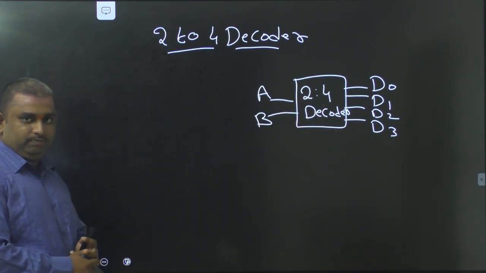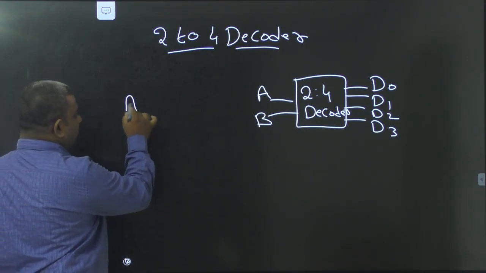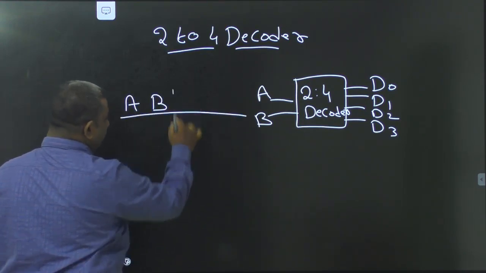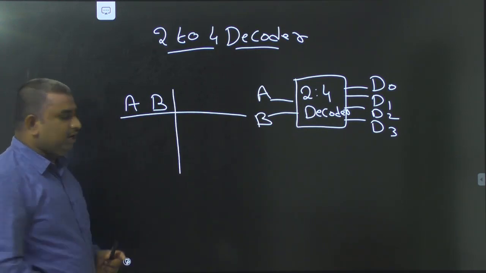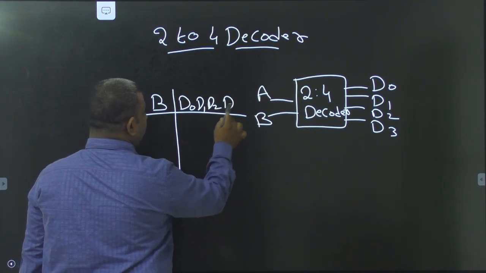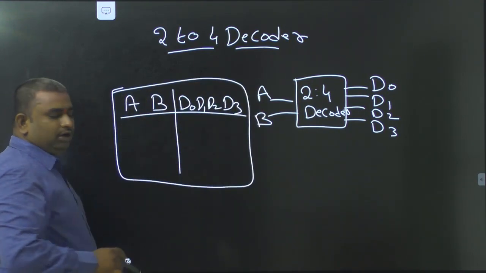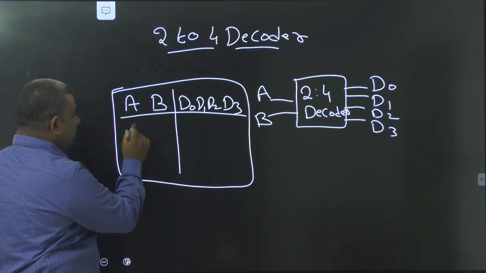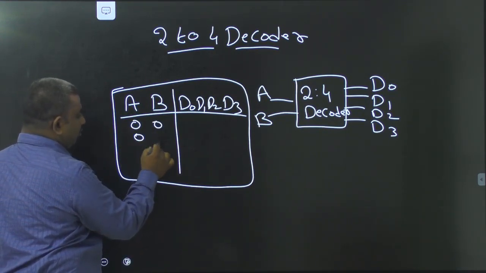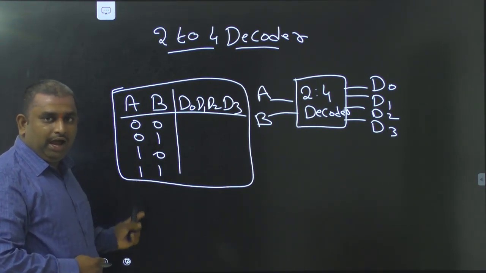Now coming to the truth table of this decoder, AB, 2 inputs are available and outputs D0, D1, D2, D3. So this is the truth table for the 2 to 4 decoder. The inputs, the maximum possible combinations 0 0, 0 1, 1 0 and 1 1.